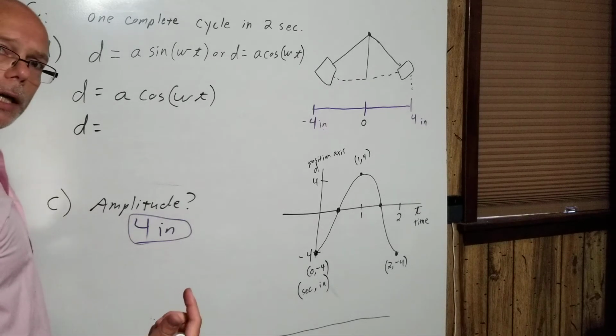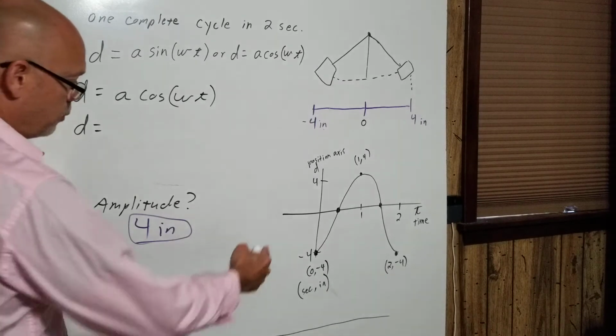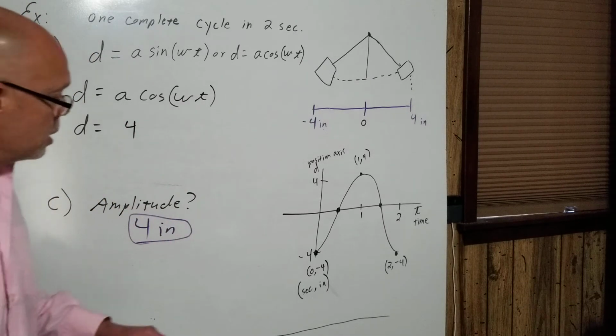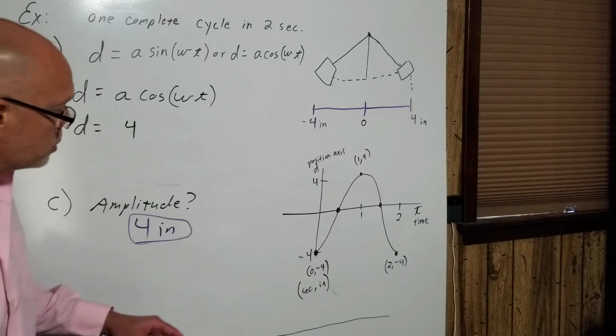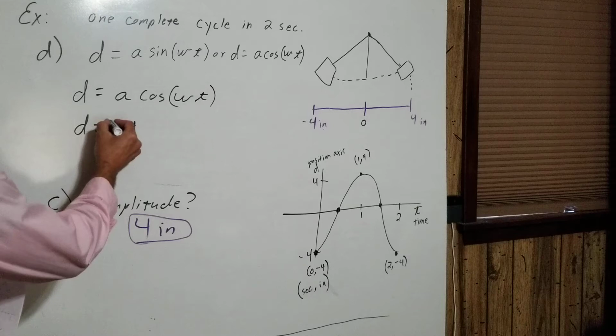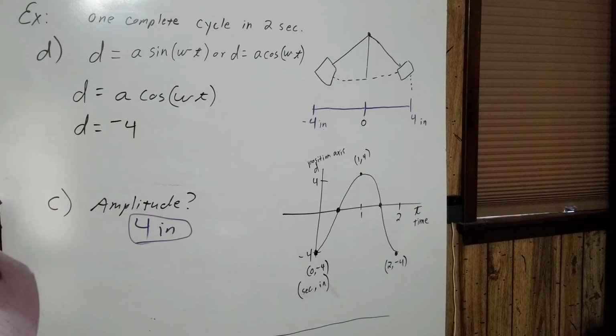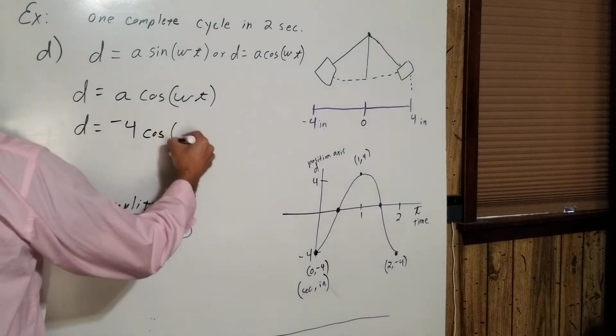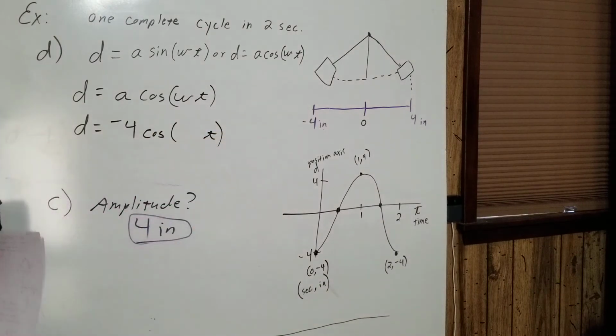What did we talk about the amplitude was? 4. But don't forget, this is the cosine function reflected across what? The x-axis, so I need a -4 right there, times the cosine of omega times t.